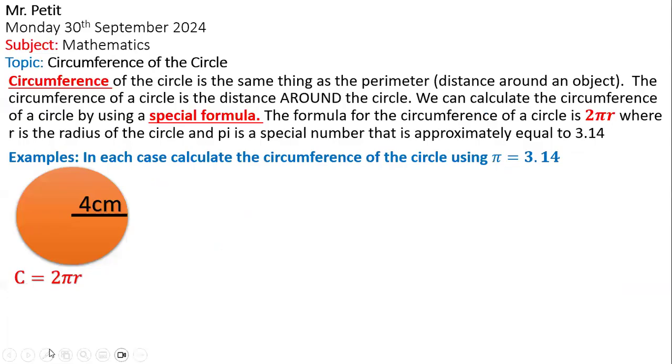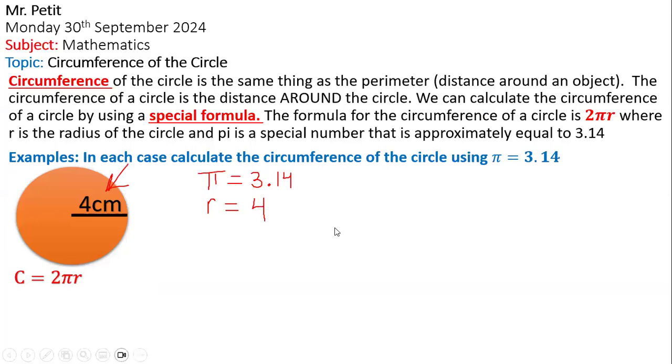Now in this case, this is very important. What is pi in this question? Pi is equal to 3.14. What is the radius in this case? The radius is 4 centimeters. And so the circumference is 2 times pi times r.